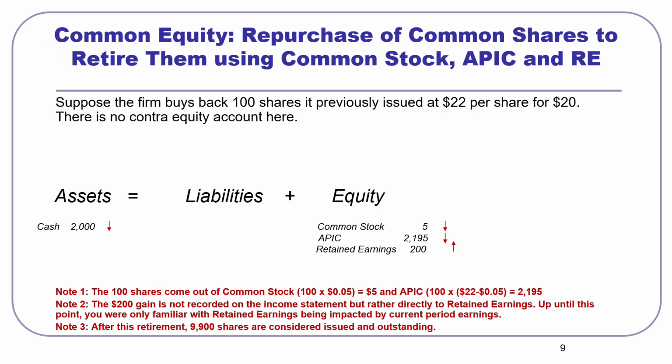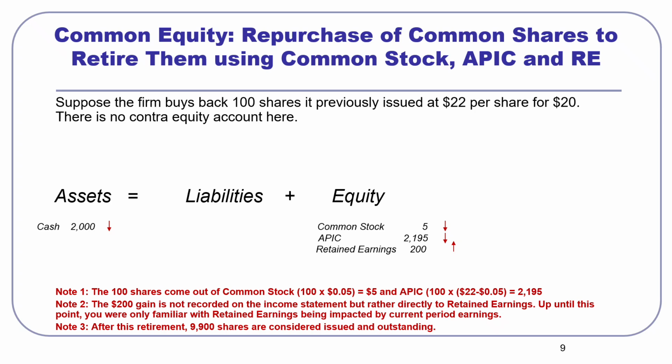So common stock and APIC are reduced by the same amounts per share they increased at original issuance. Note 2 mentions that buying back stock for $20 per share when you sold it initially at $22 a share seems like an economic gain. The accounting system here puts this $2 gain for 100 shares, or $200, into retained earnings.